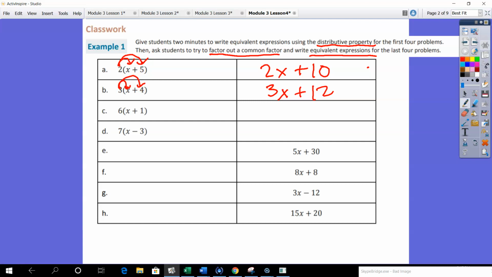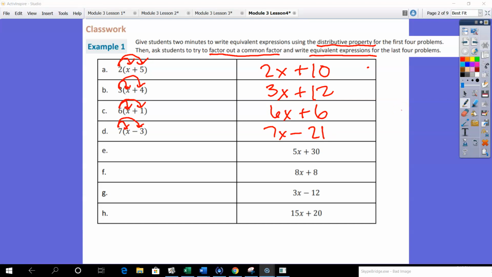And then for C, you should have had 6x plus 6, because 6 times x is 6x and 6 times 1 is 6. And then finally for D, 7 times x is 7x and 7 times 3, so we have a minus sign, 7 times 3 is 21. Okay, so pause the video and try E, F, and G.